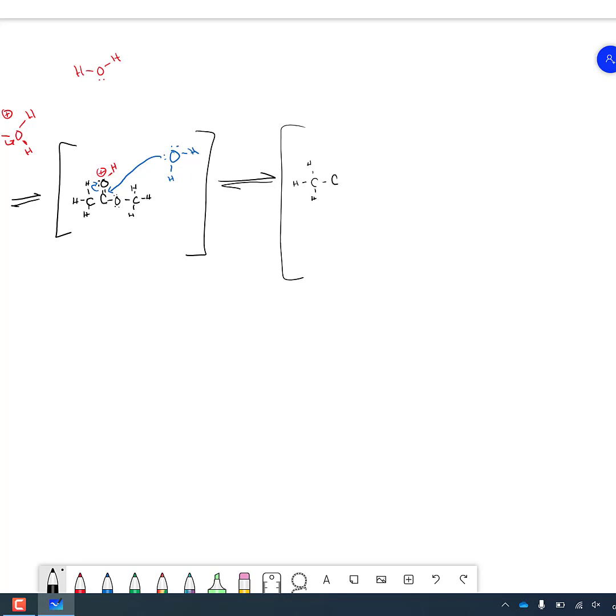Okay, so here's my central carbon. The original oxygen, carbon, hydrogens, free electron pairs. We've brought in a water molecule which has 1 pair of electrons, 3 bonds, plus charge, unstable, unhappy.